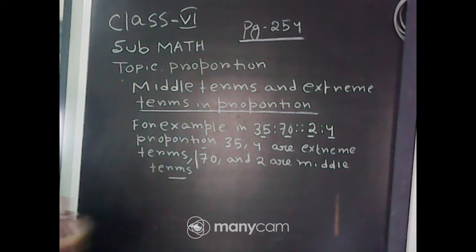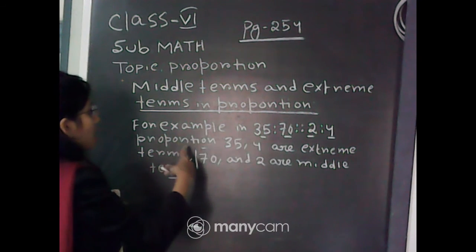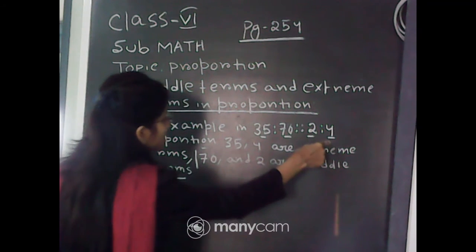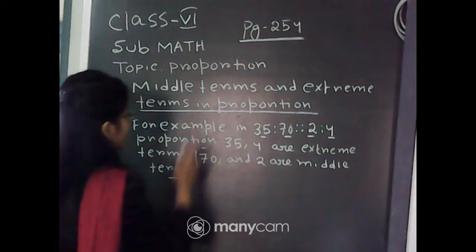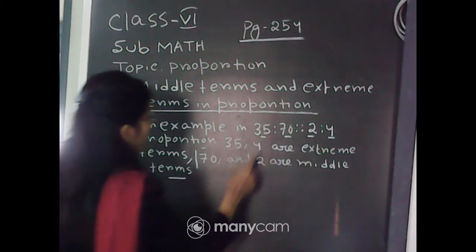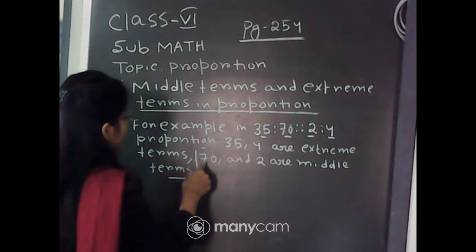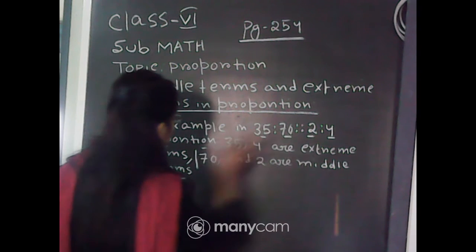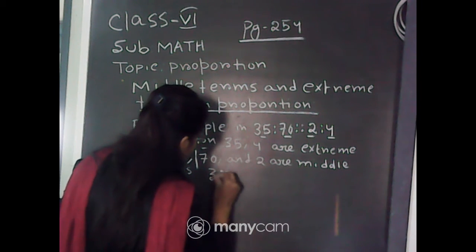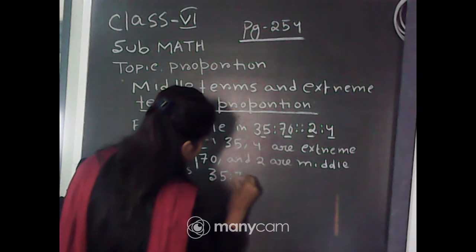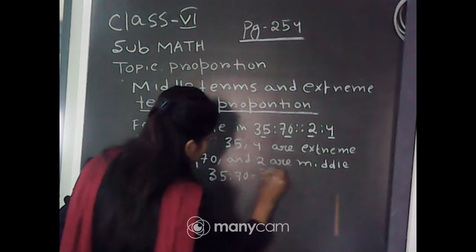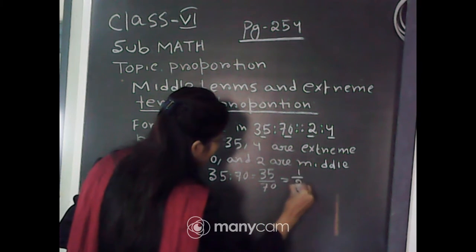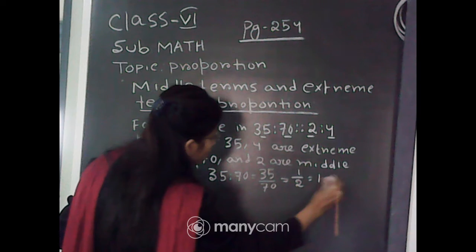Clear? They are in proportion because 35 is to 70 is equal to 35 divided by 70, that is 1 divided by 2, that is 1:2.